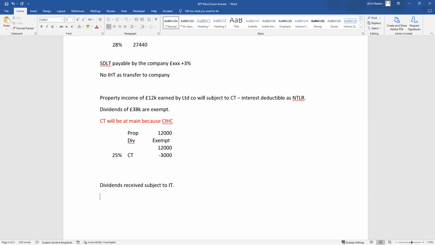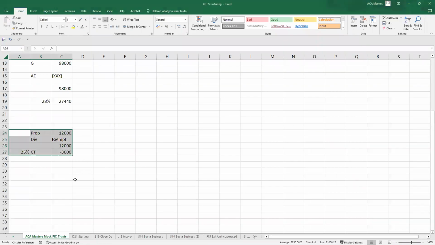So you could actually be quite clever here. You could actually work out the amount of the dividend that they're going to receive each, because the company is going to have the rental income of the 12,000 coming in. It's going to have the dividends coming in. I guess we need a total amount of 50,000. Could have started that with this.